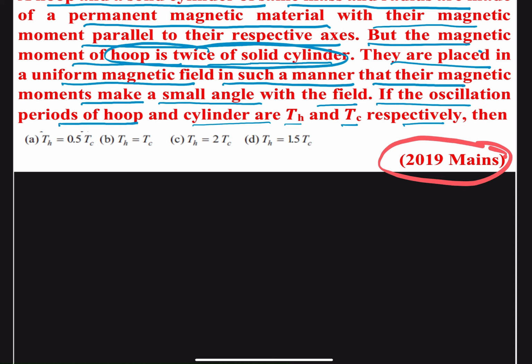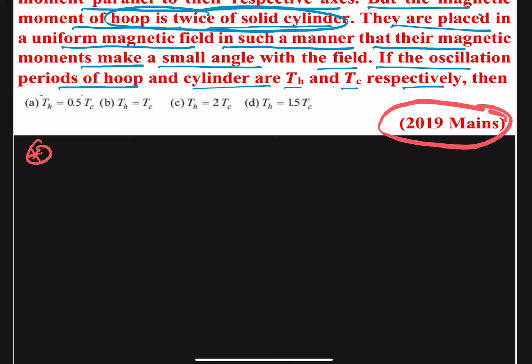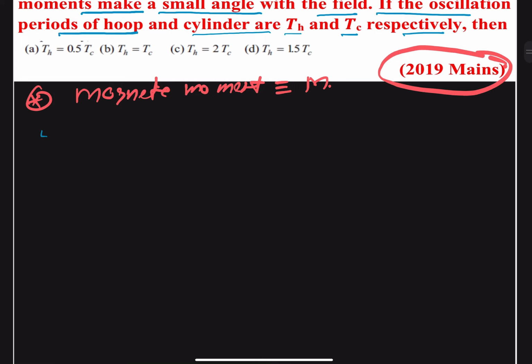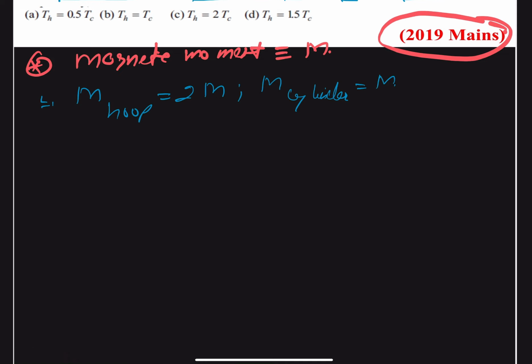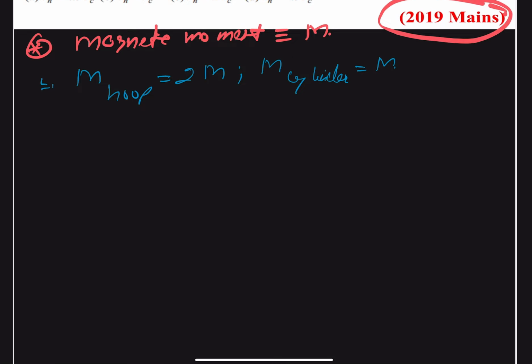So we can say that, let us suppose we represent the magnetic moment by m, then magnetic moment for hoop will be equal to twice m, and magnetic moment for the cylinder will be equal to m. And it is also given that their axes are parallel to the magnetic moment.